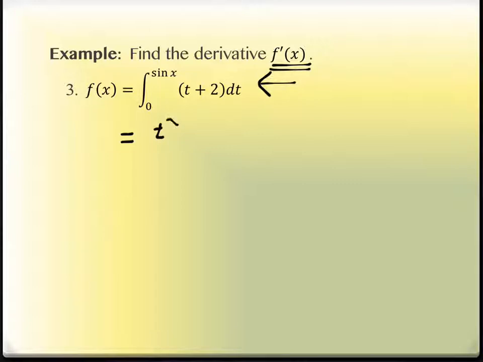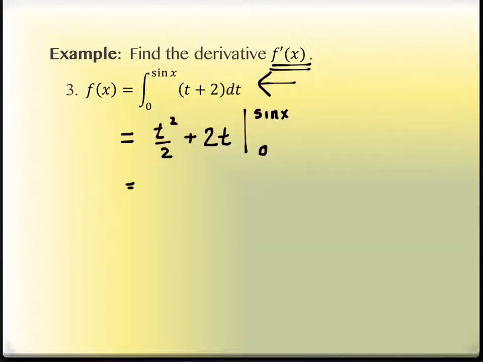Good, t squared over 2. What's the antiderivative of the 2? 2t, excellent. And then this is going to be evaluated at sine of x at the top and 0 on bottom.